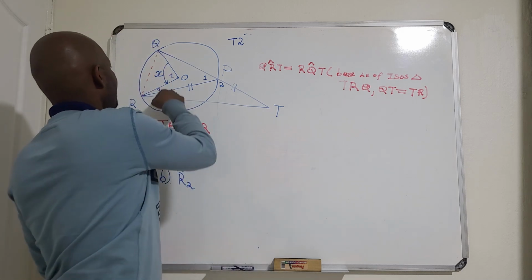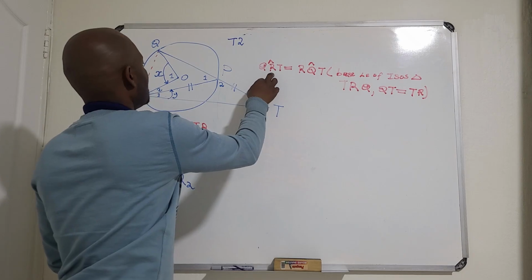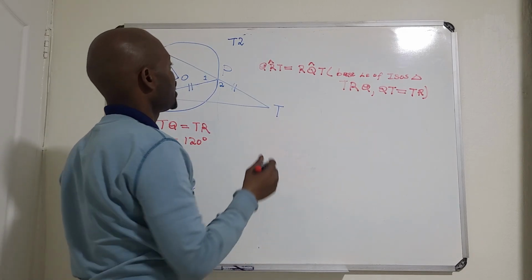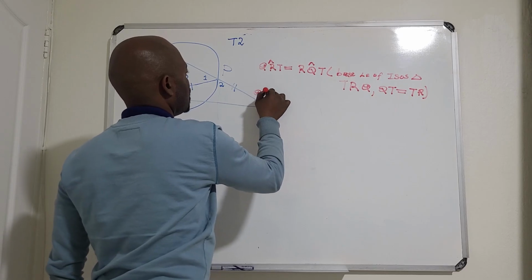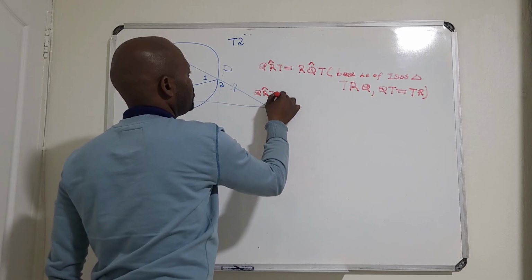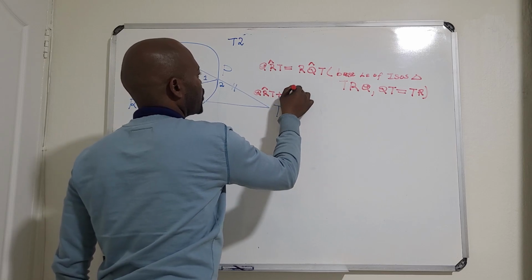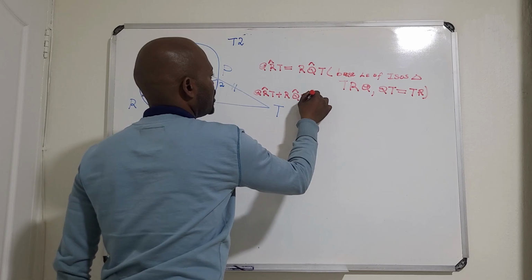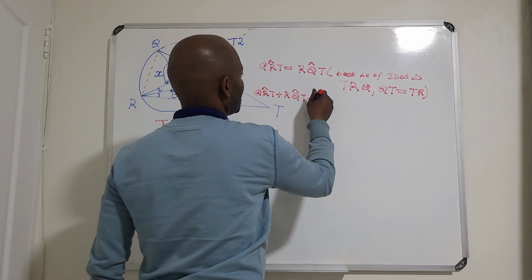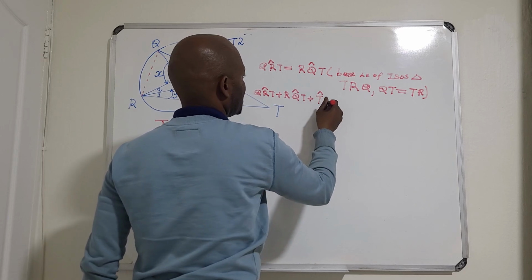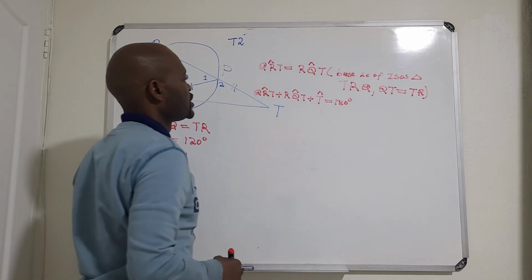Now, I can find this angle here. How do I do that? I'm going to say angle QRT plus angle RQT plus this angle here, T, is equal to 180 degrees.